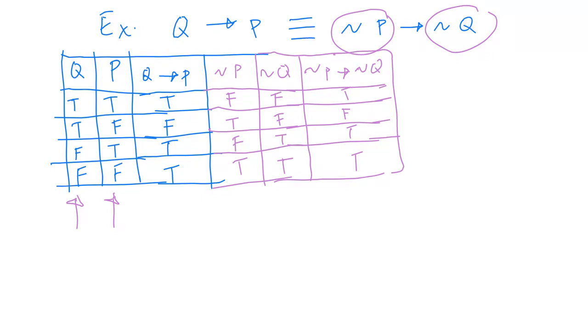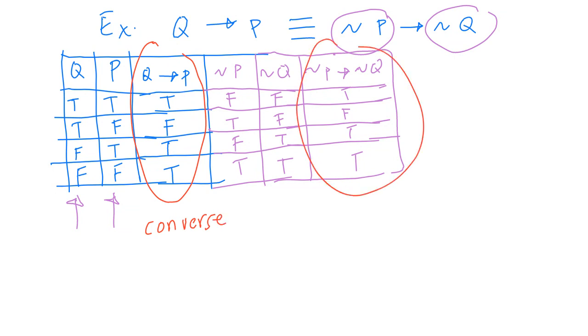So we can compare the results now. So this is the result, this is the converse. And the last row, that was the third column. And the last column would be the inverse.